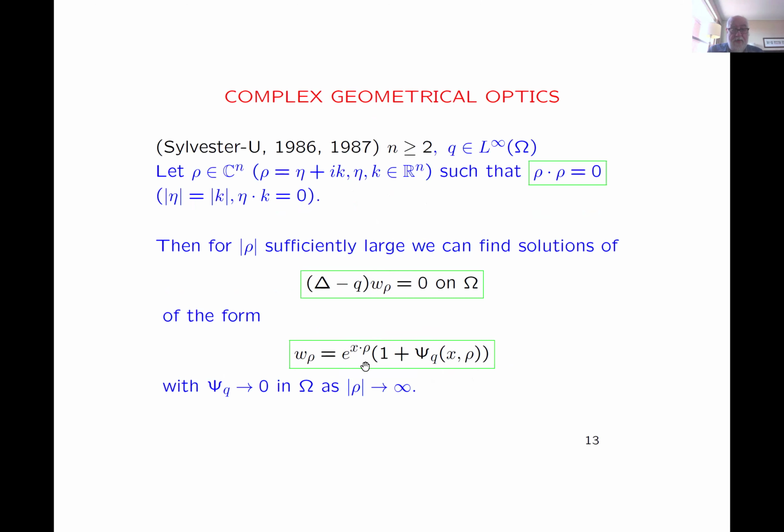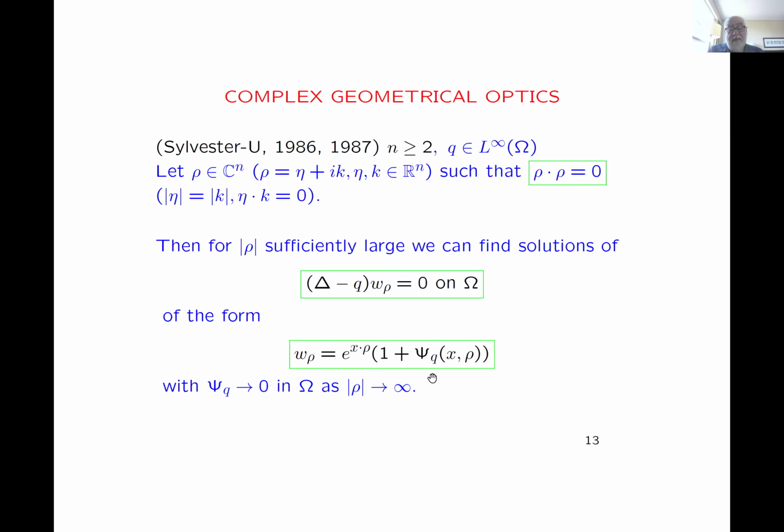So there are solutions that behave like these exponentials that were considered by Calderón himself for the linearized problem, plus a term that goes to 0 as rho goes to infinity. How fast it goes to 0 depends on the regularity of the potential. For instance, for L infinity, bounded potentials, this is like 1 over modulus of rho. So for more singular potentials, the decay is different, and this leads to the technical complications of lower regularity.